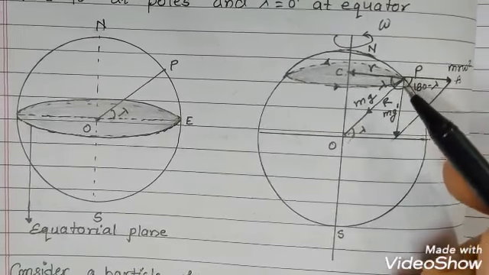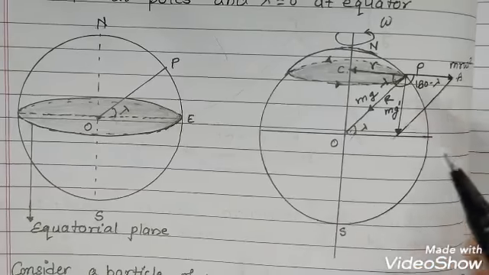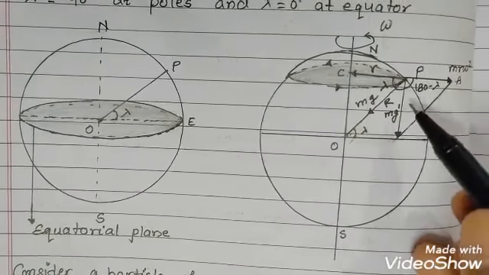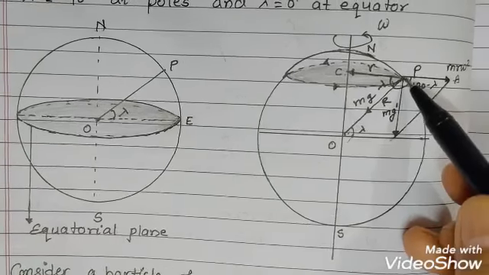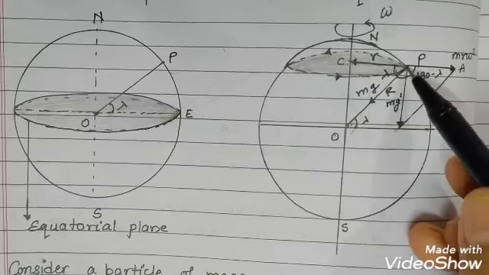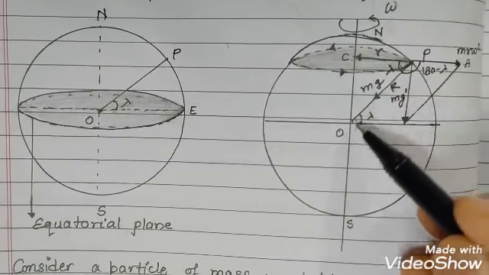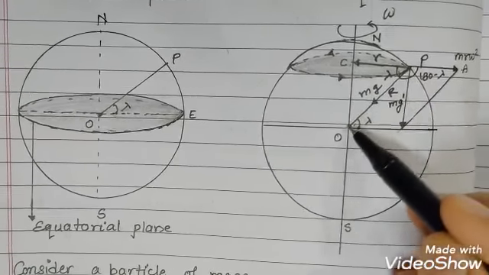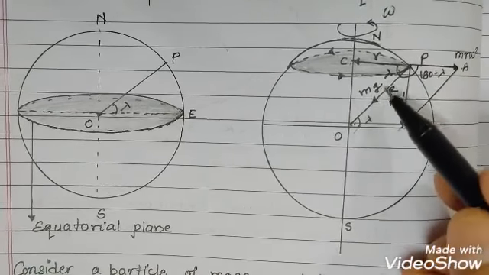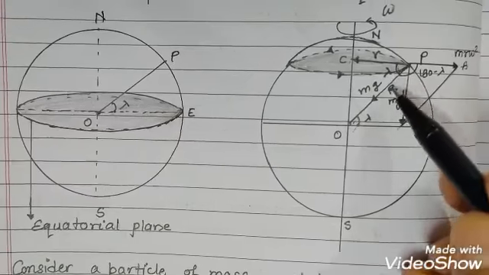The gravity pull on the particle, that is the true weight of the particle when it is at rest, will be working towards the center, that is along PO.